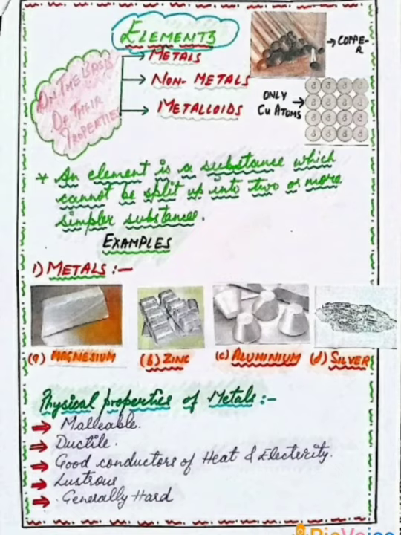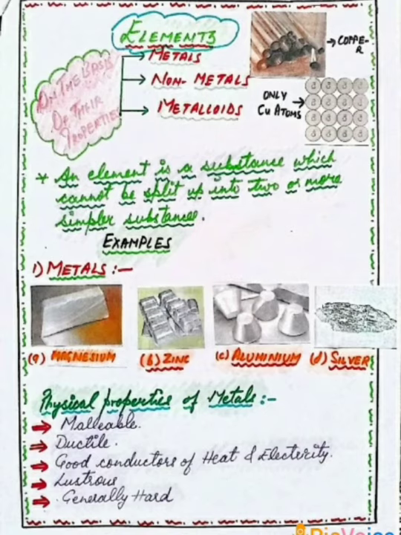An element cannot be split up into two or more simpler substances because it is made up of only one kind of atoms. This gives us another definition of an element, which can be stated as follows. That is, an element is a substance which is made up of only one kind of atoms.